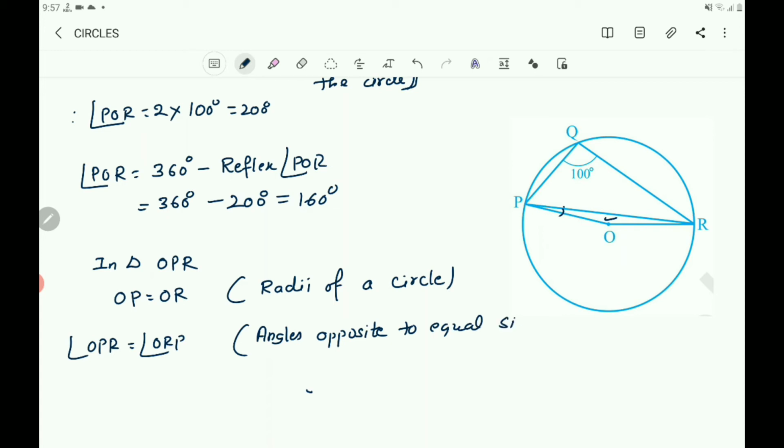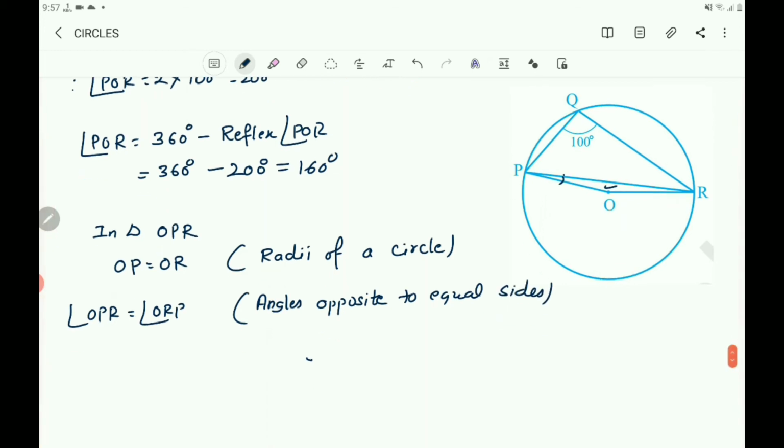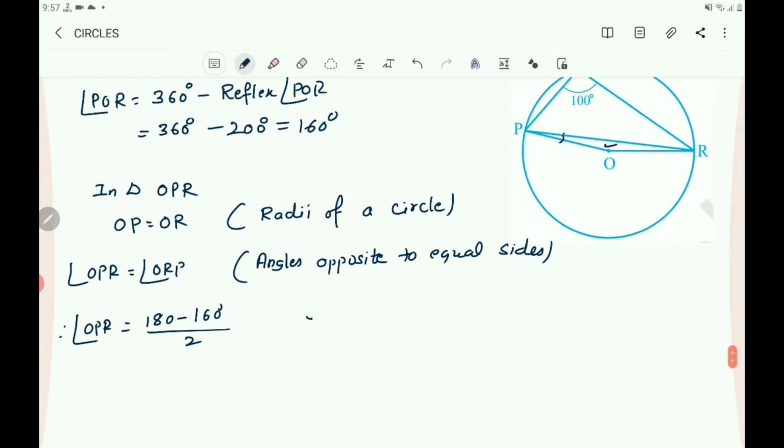Therefore, you take angle OPR equals (180 minus 160) whole divided by 2.